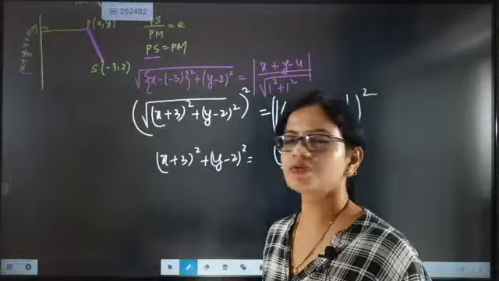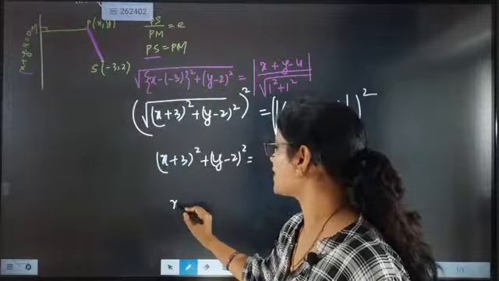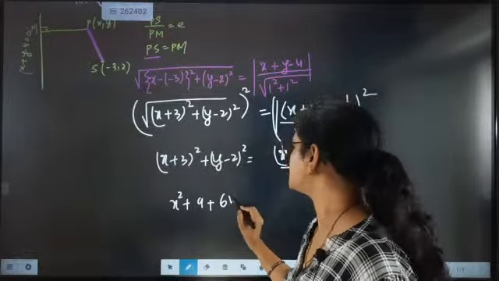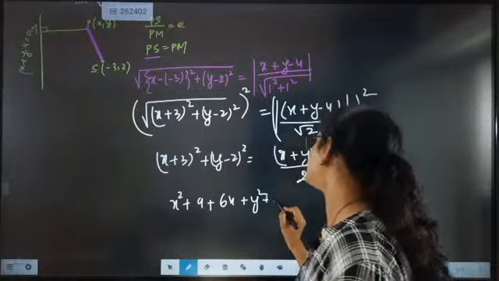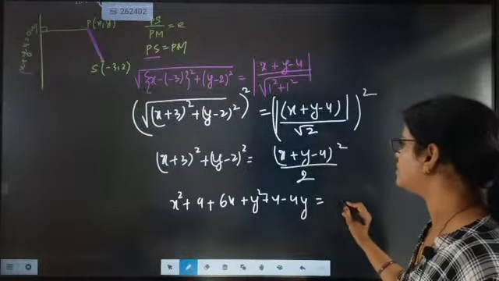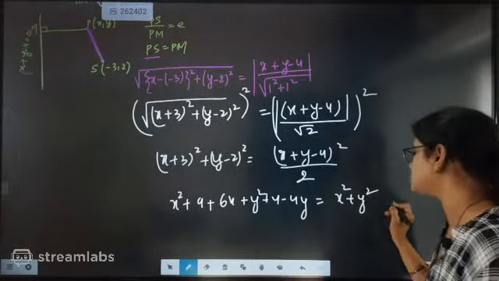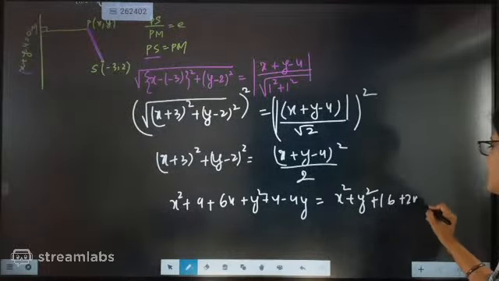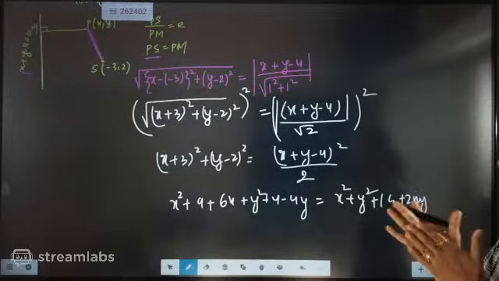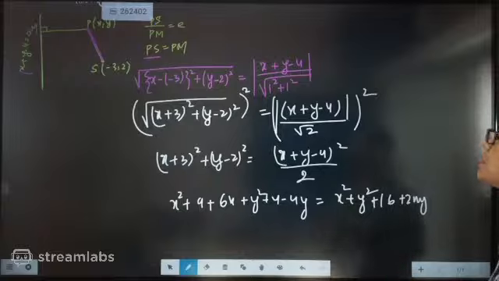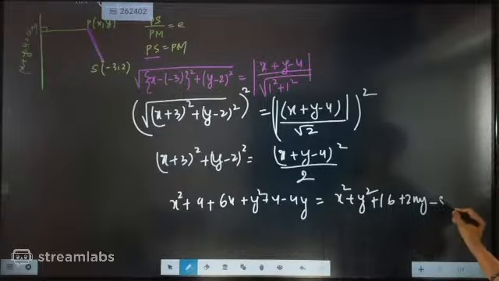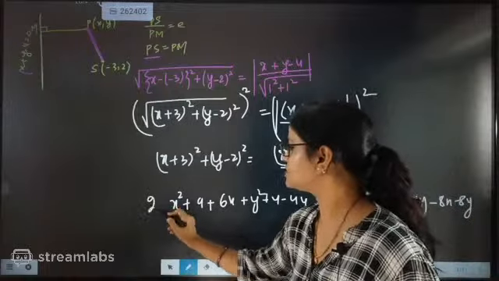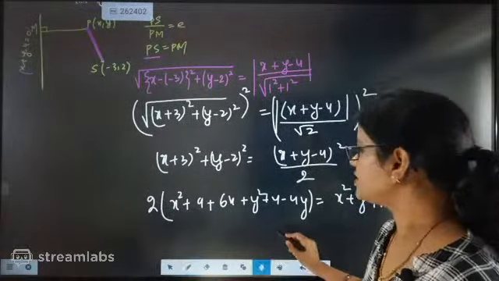Expanding, we get x square plus 9 plus 6x plus y square plus 4 minus 4y equal to x square plus y square plus 16 plus 2xy minus 8x minus 8y, all divided by 2. The 2 goes to the other side and multiplies with everything on the left.